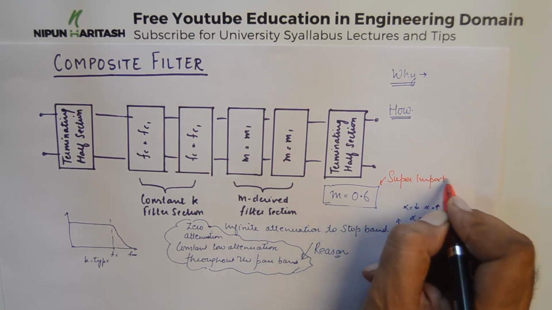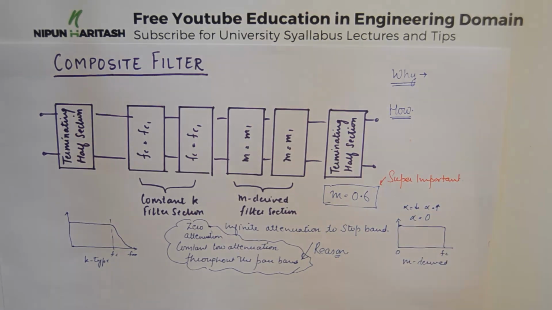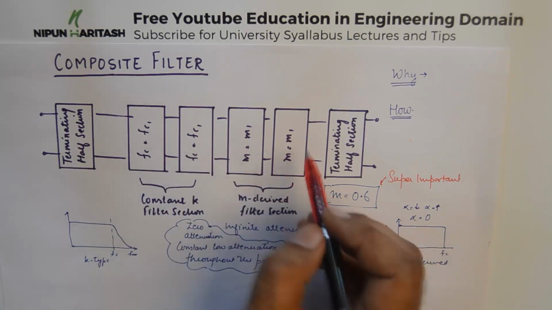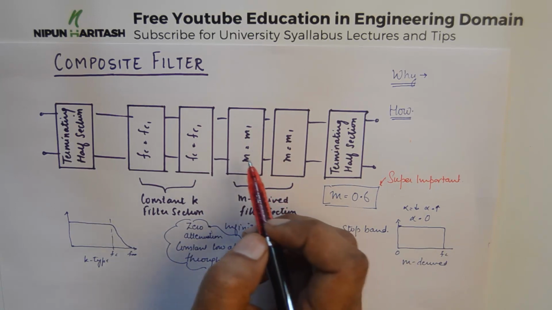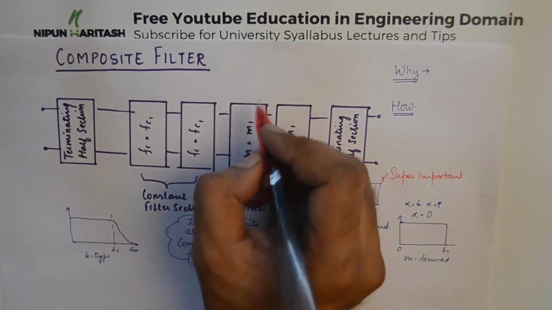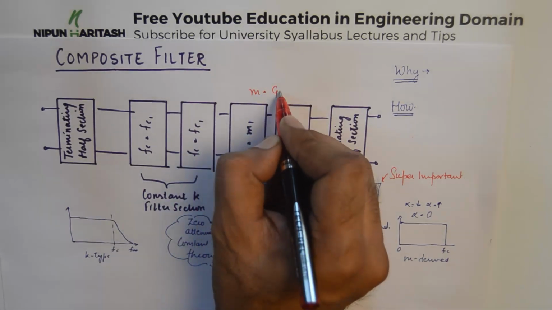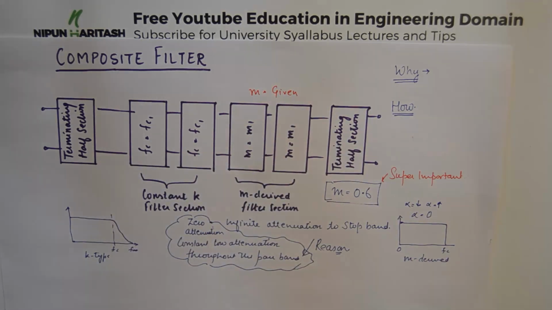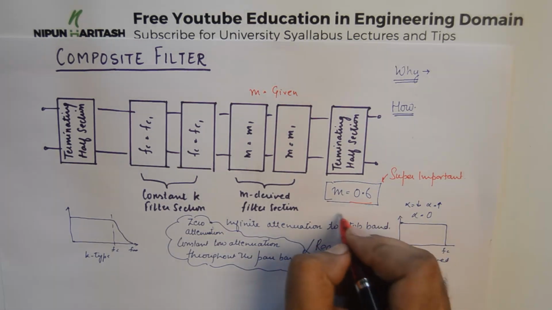You'll need to draw two M derived filters while making a composite filter. You'll need to make one M derived filter that you would put into the filter section itself. That will have M which will be given, but for the terminating half section you'll have to derive another M derived filter with M equal to 0.6 all the time.